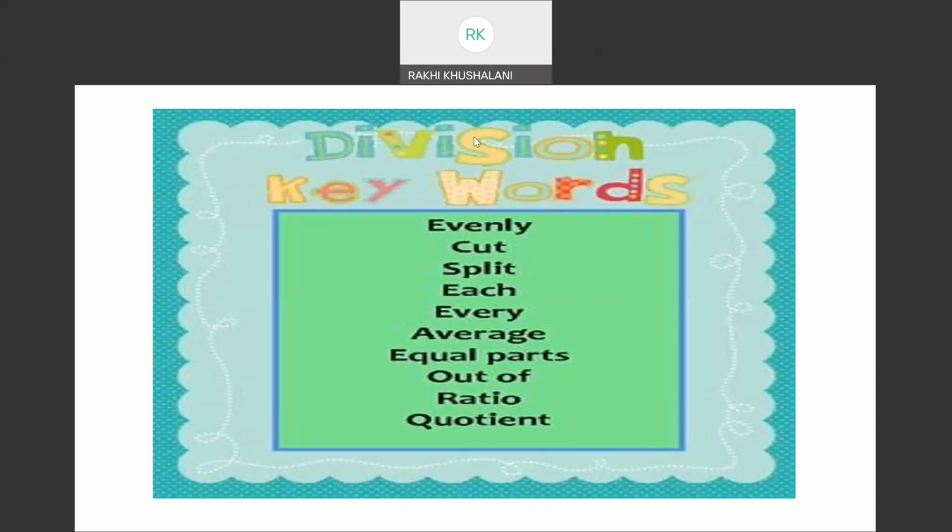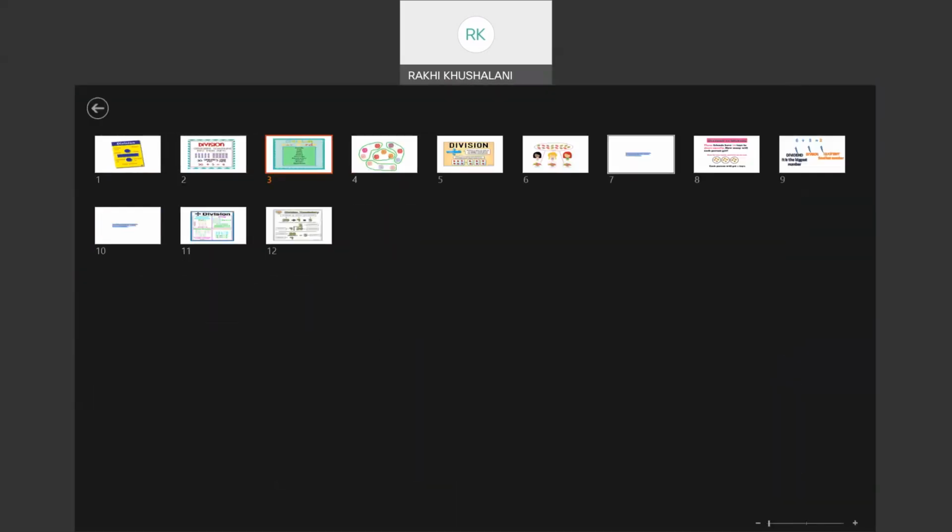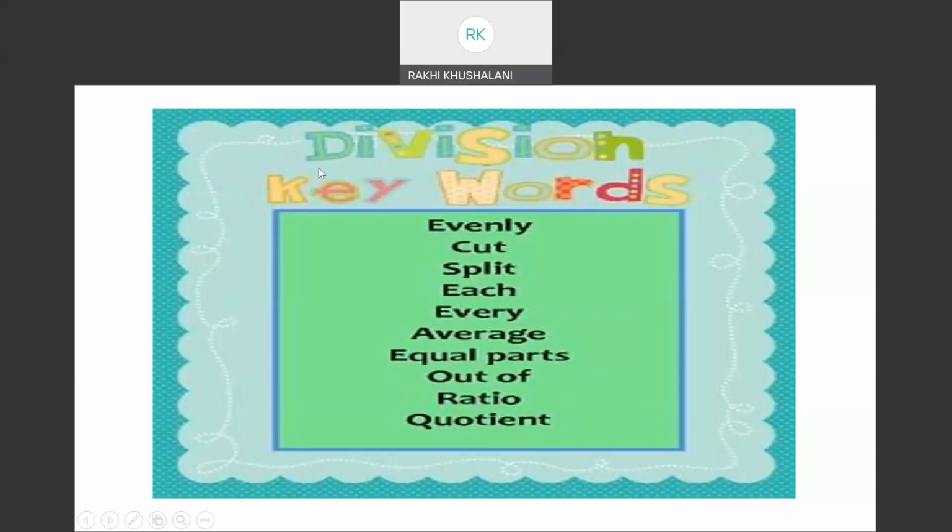Basically, the words that we use for division, that is when you do the word problems, which words should trigger your mind that here I have to do division, that is evenly cut, split, each, every, average, equal parts, out of. Let's not go into, sorry, let's not go into ratio and quotient. Fine, quotient word, yes, not ratio currently, little later.